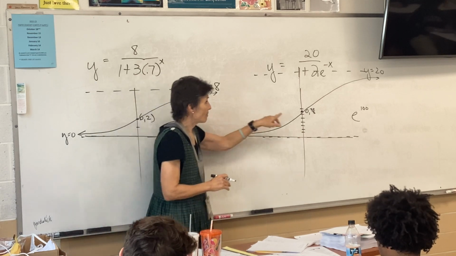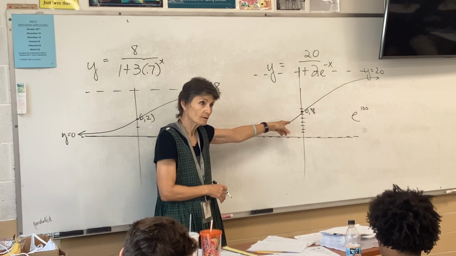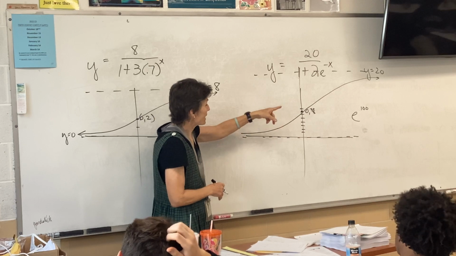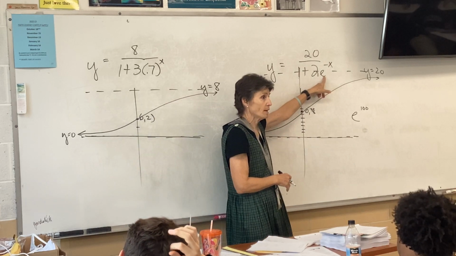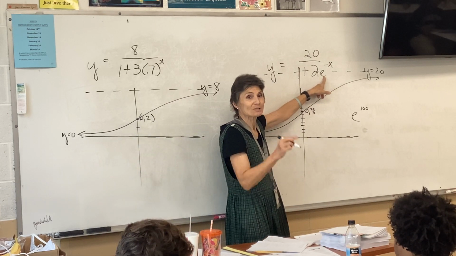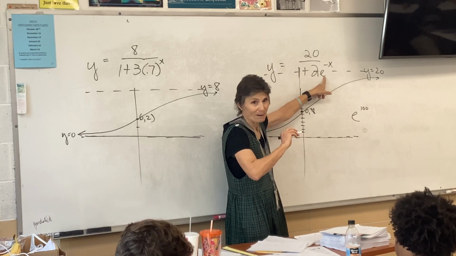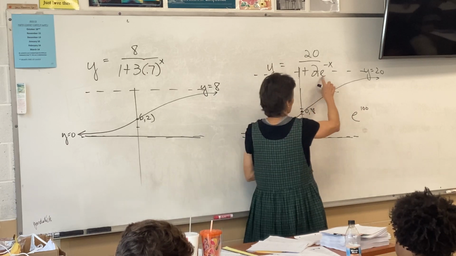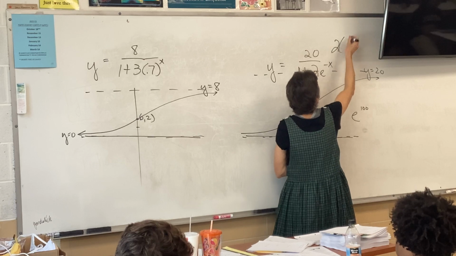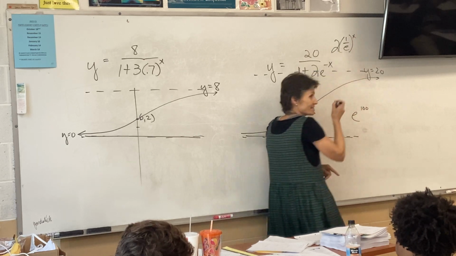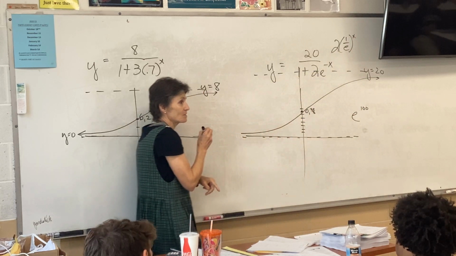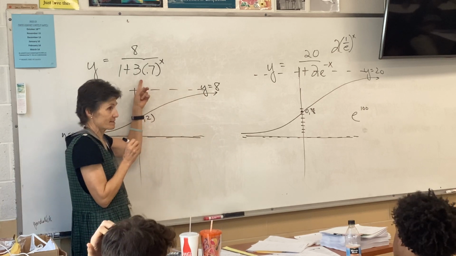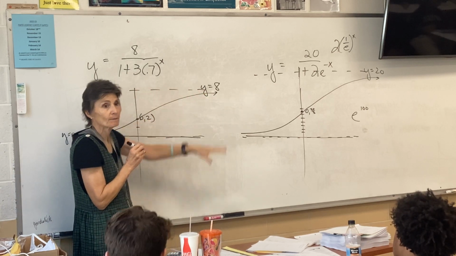Well, wait, that's a growth picture, and B is not less than 1. Well, it's 1 over, but it's to the negative power. So this is actually 1 over e to the x, isn't it? So it's just exactly like this equation. It looked a little different, but it is.